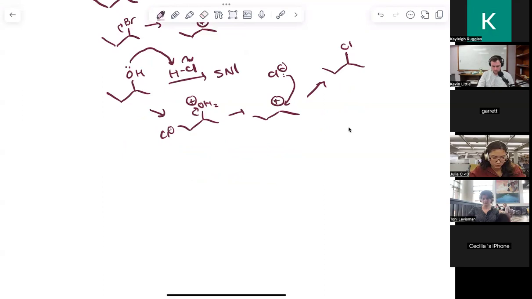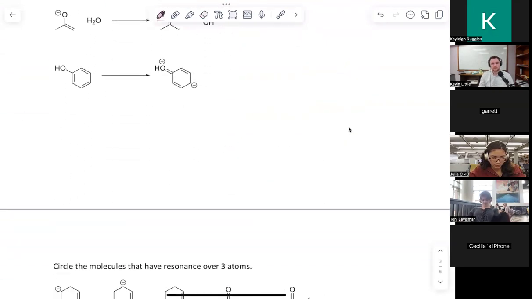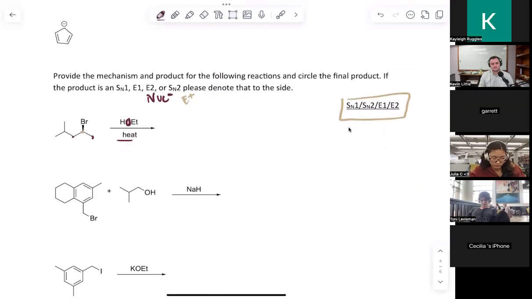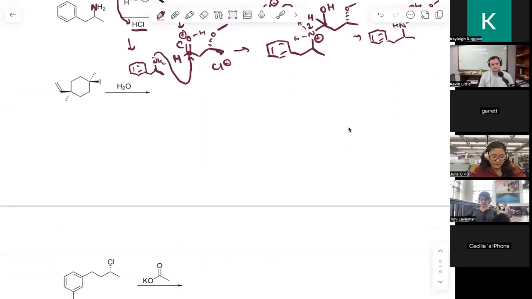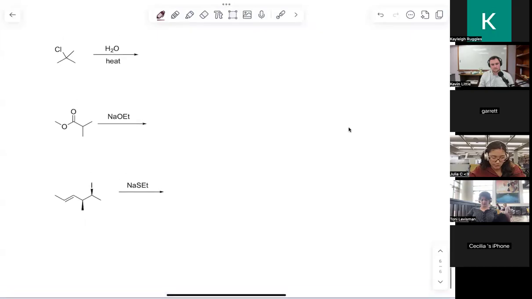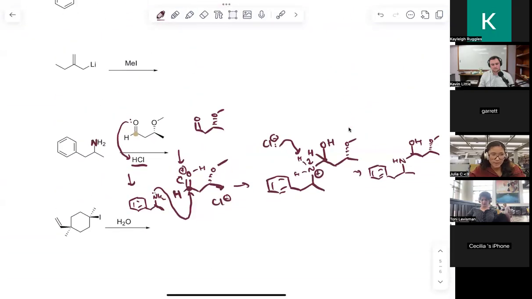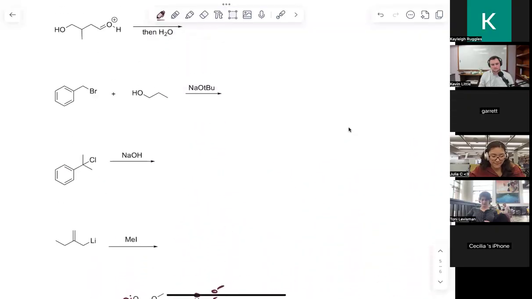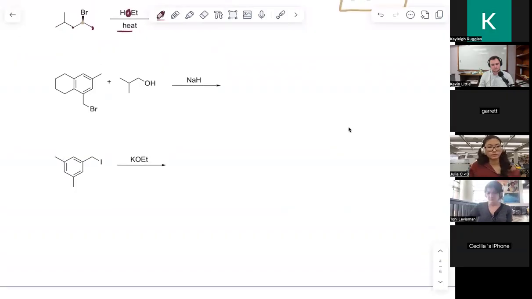I also noticed, and I don't know if this was a mistake or if this is actually important, there was a question with iodine and then potassium on the oxygen ethyl reaction. Go further up, I think it's still up. It might be on the right there on the bottom.